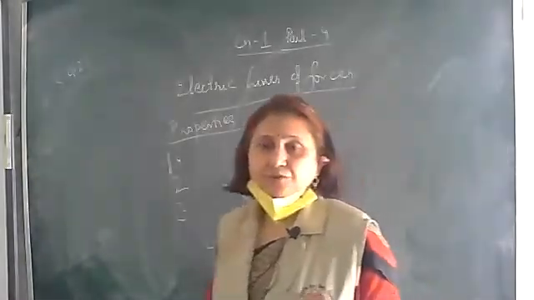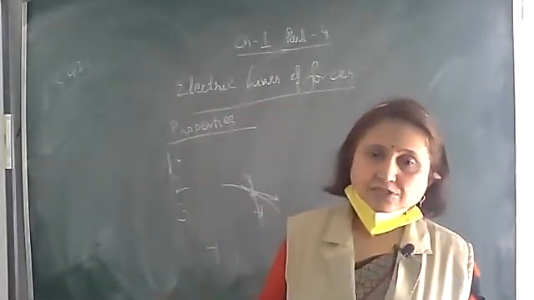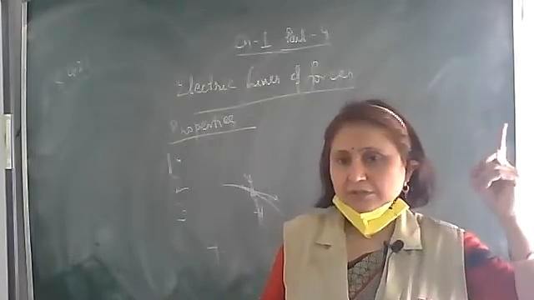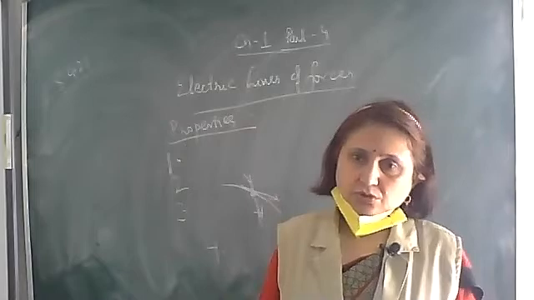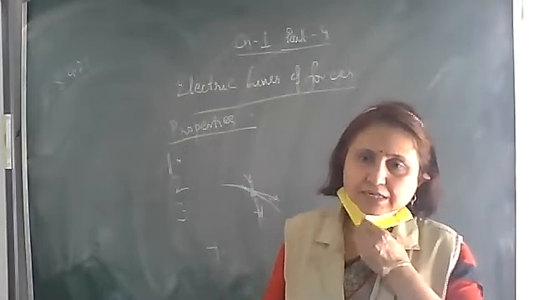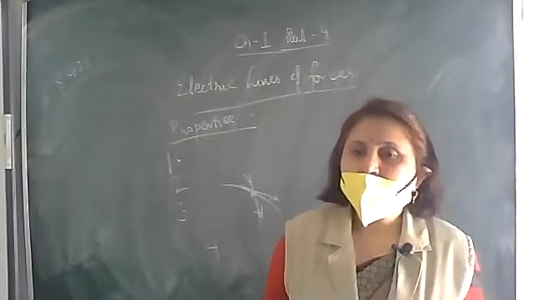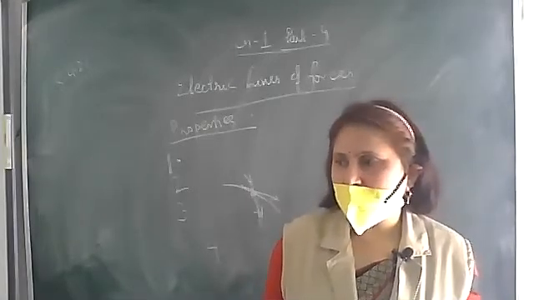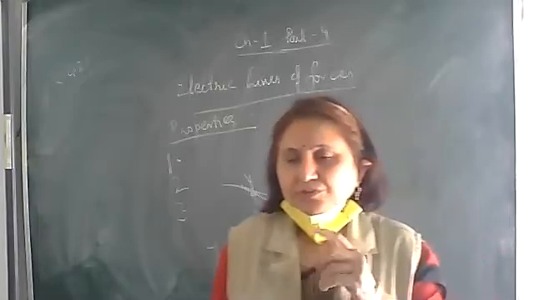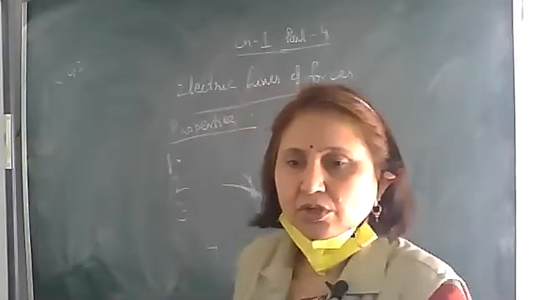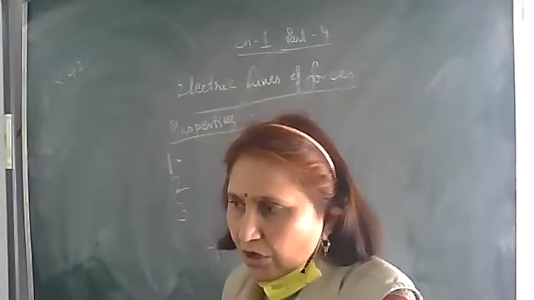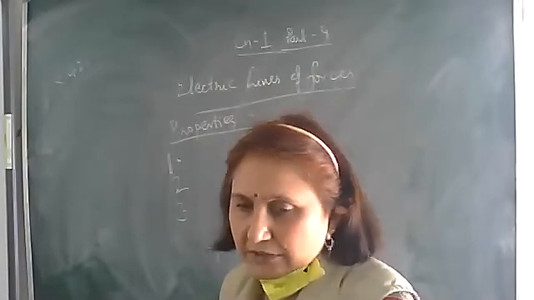Write down: the lines of forces originate or terminate normal to the surface of the conductor. Please repeat: the lines of forces originate or terminate normal to the surface of the conductor.